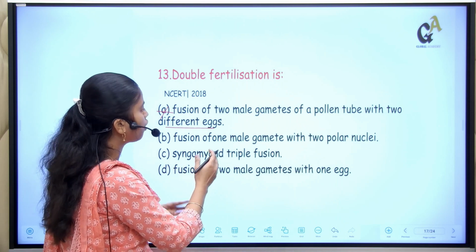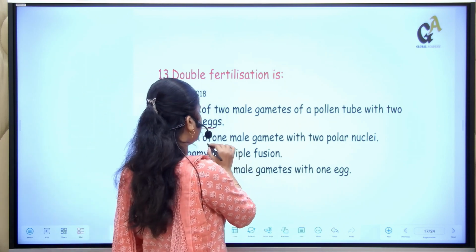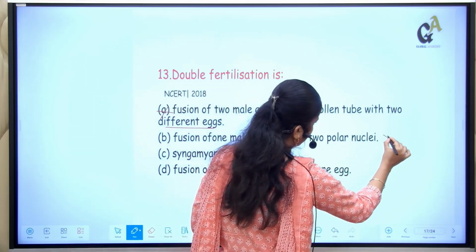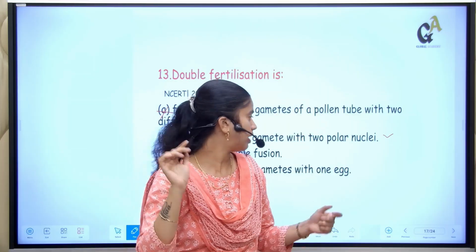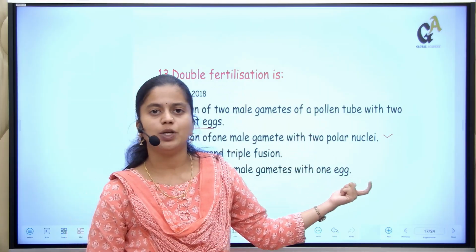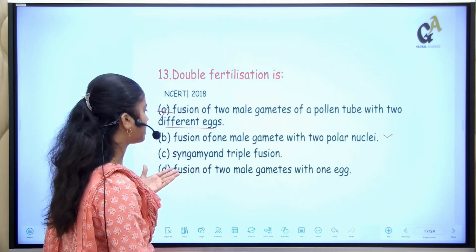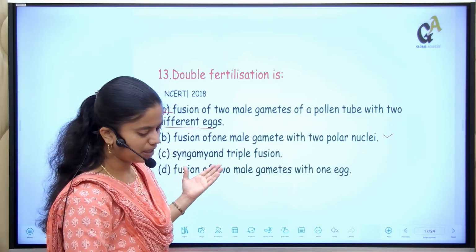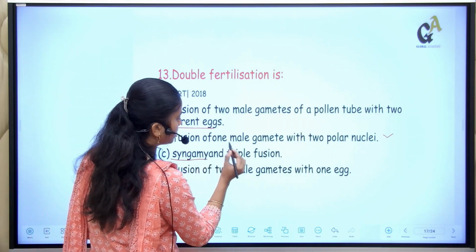Next, fusion of one male gamete with two polar nuclei. Yes, the statement is correct, but what have they missed? The fusion of the egg. Along with that, the egg is also present here. Next, syngamy and triple fusion. The word they have introduced is syngamy.